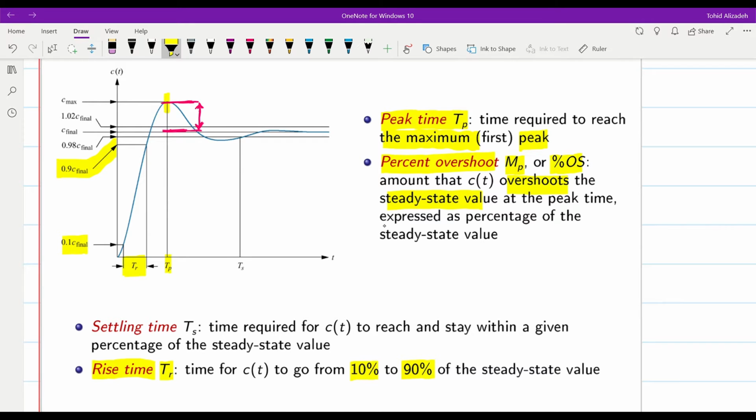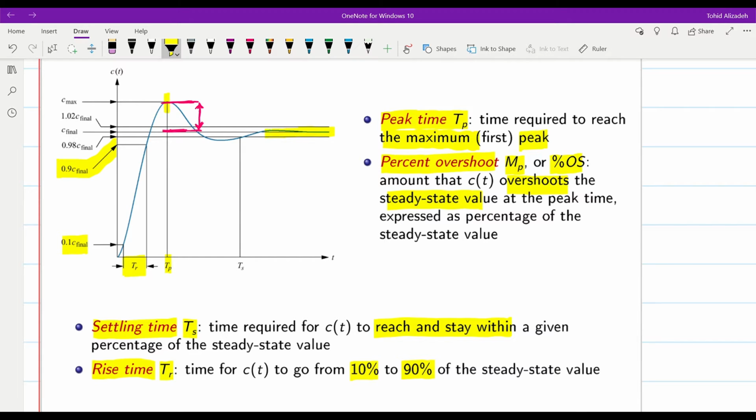We also have the settling time here, T_S, which could be either 2% or 5% settling time. It's the time required for c(t) to reach and stay within a given percentage of the steady state value. And you can see it over here. So the steady state value is this value that we have here.